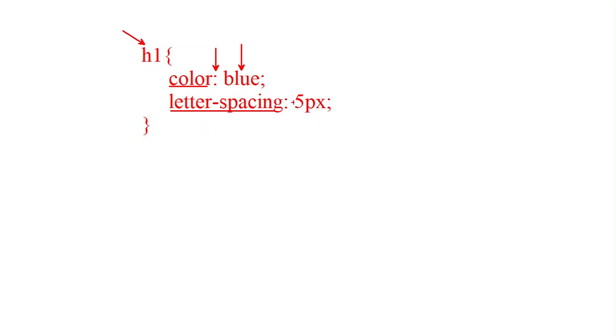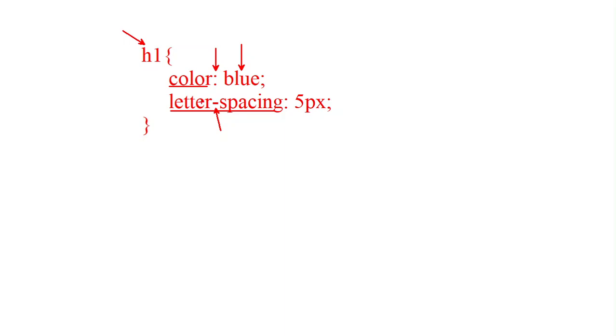One other thing I might say here is that anytime a property is made up of more than one word, like letter spacing, then we normally separate it with a hyphen. So what will this do?